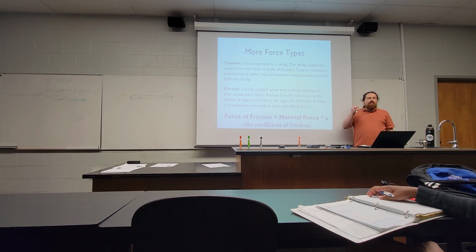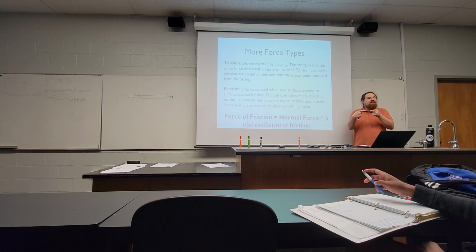This is the conundrum of ropes. Anything that's under tension, anything that is exerting tension, always pulls inward on both ends, thereby meaning it's pulling in opposite directions simultaneously on both ends.